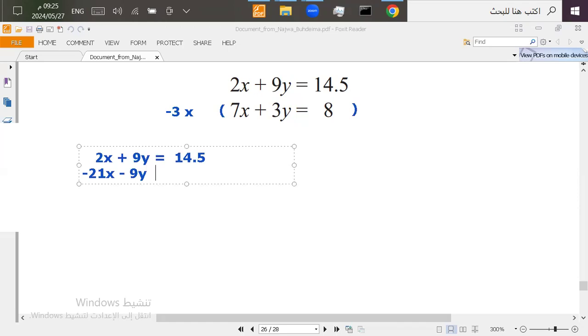And then we multiply the last number, which is the 8, and the answer will be -24, like this. So it's going to be -24.